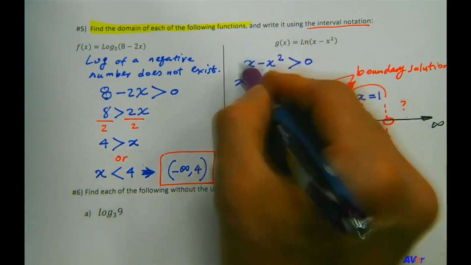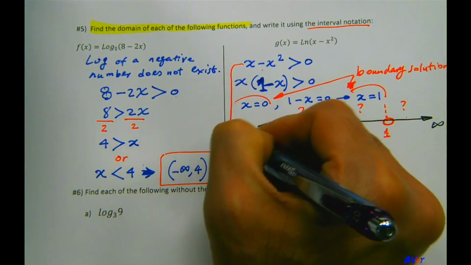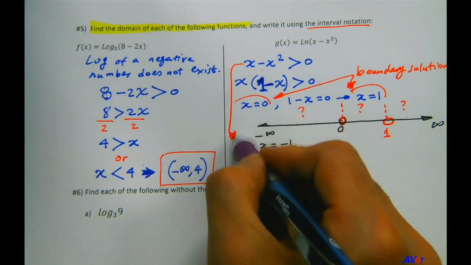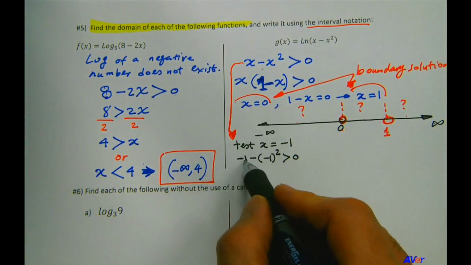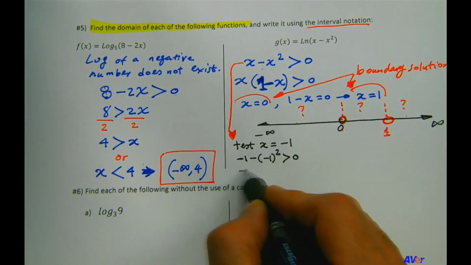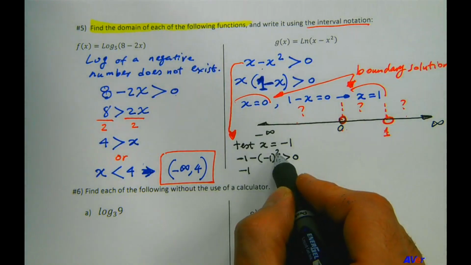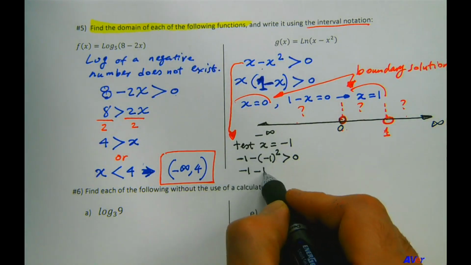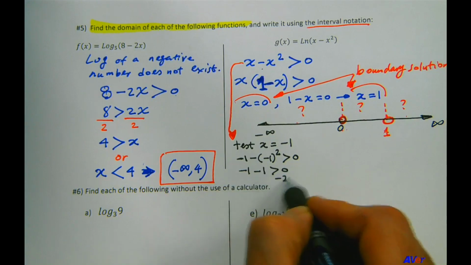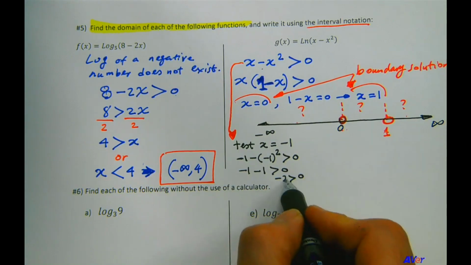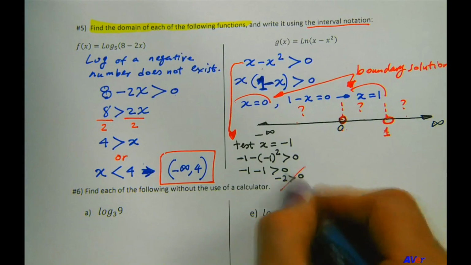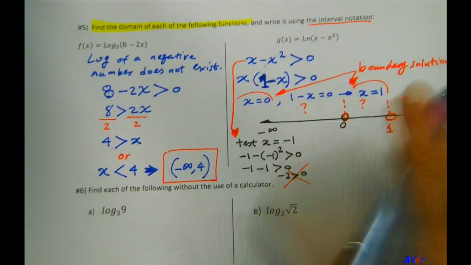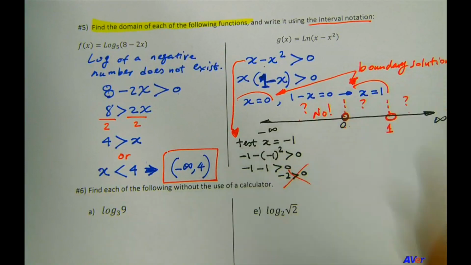We're testing to see if the left is greater than 0. So let's see. Minus 1. That minus 1 squared is 1. Positive 1 is minus 1. And we get minus 2 greater than 0. Is that statement true? Is negative 2 greater than 0? No. So that region is not a solution.